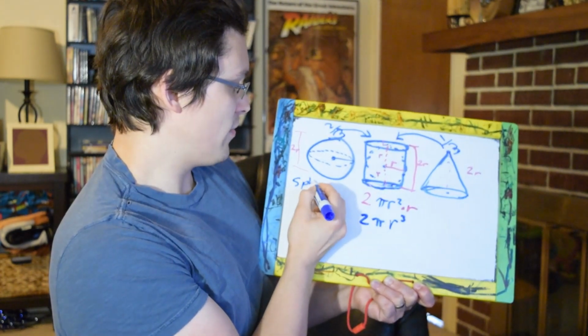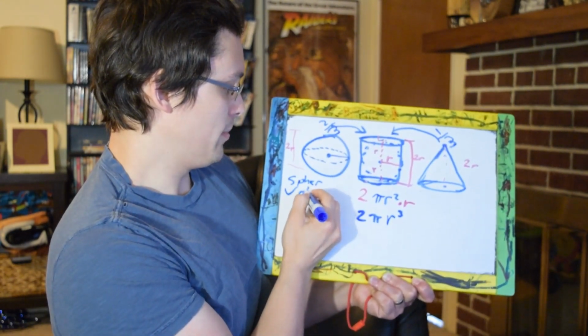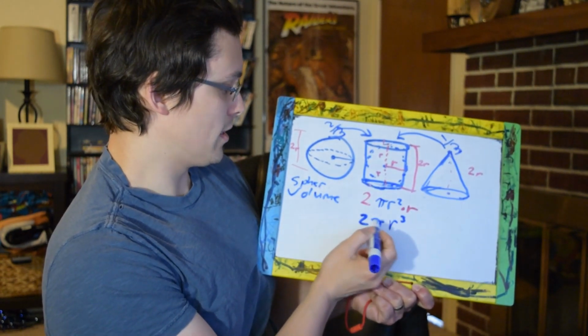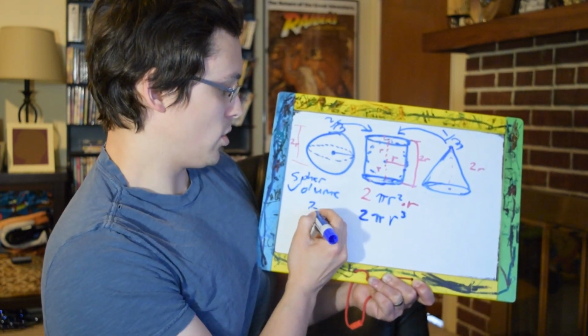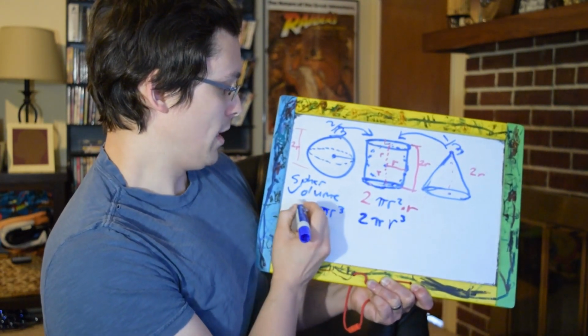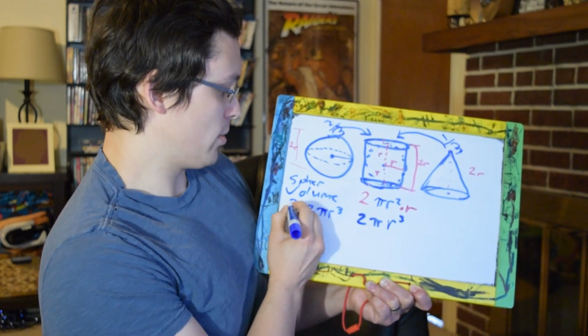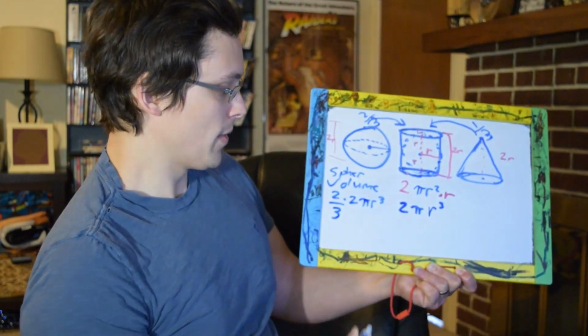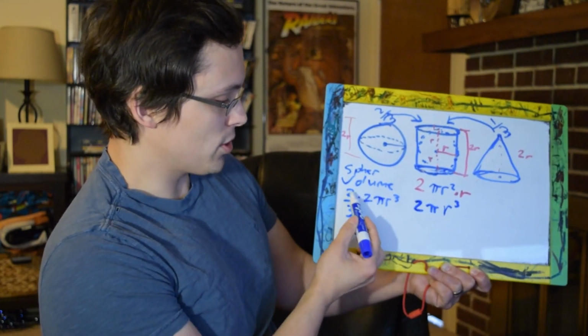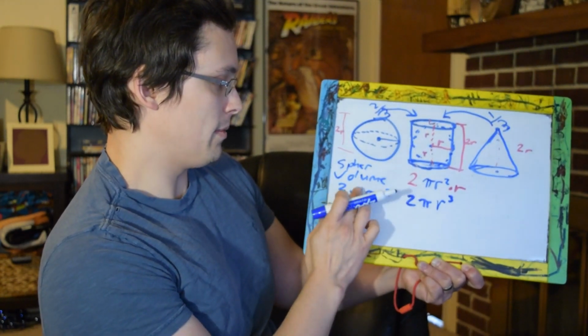So we've got 2/3 of this would be the volume of the sphere. So that makes the sphere volume 2/3 of this. Well, we have 2 pi r cubed, and we want 2/3 of that. So we're going to multiply it by 2/3. And when we multiply fractions, the top numbers can multiply together. So your 2 times 2 can become a 4.